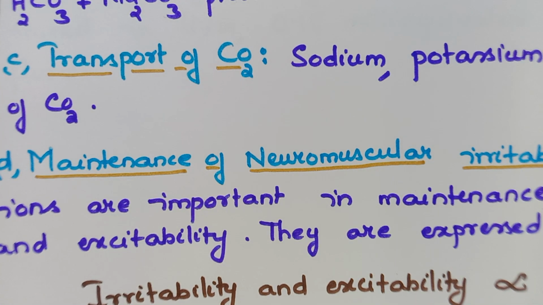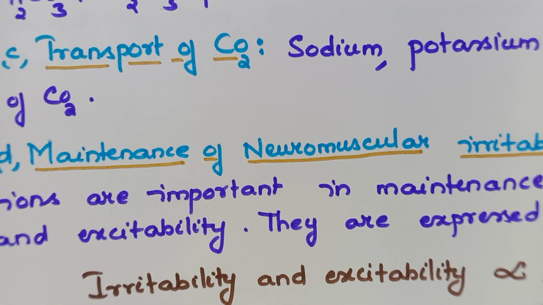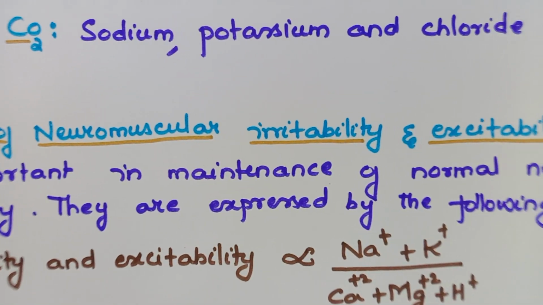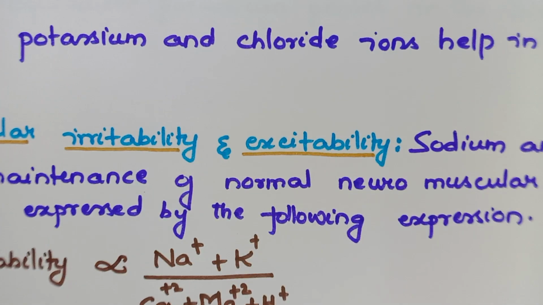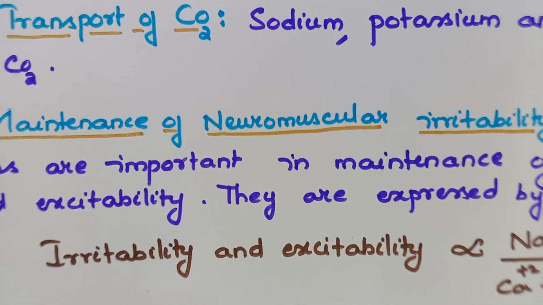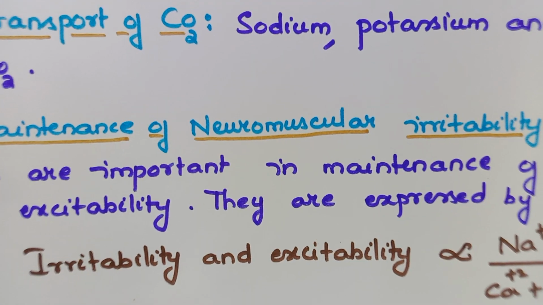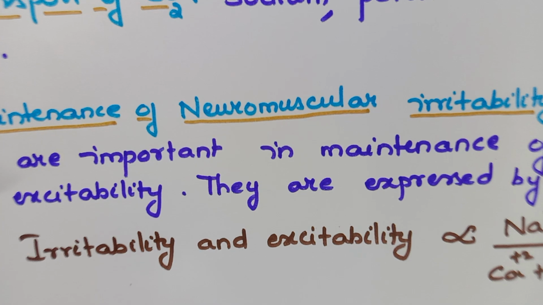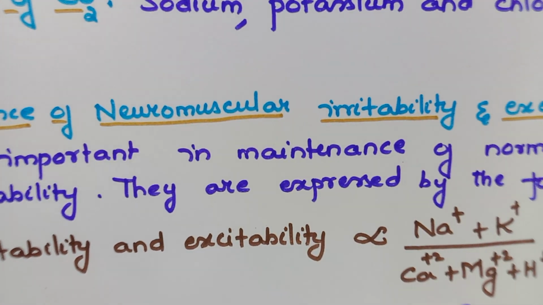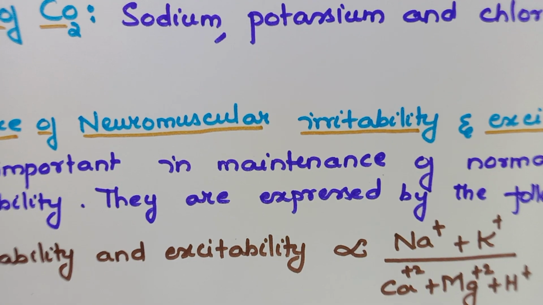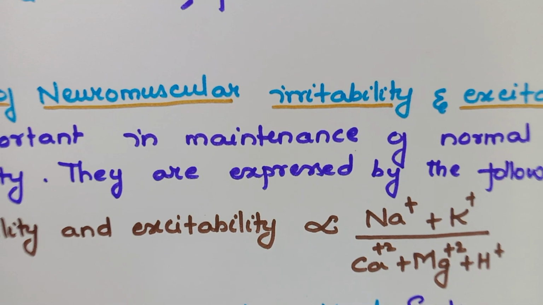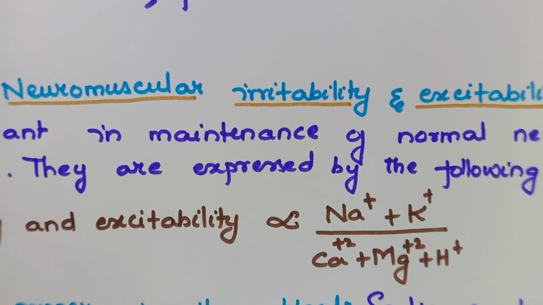So this can be expressed in the form of an expression, students. They are expressed by the following expression. Below, write down: irritability and excitability is proportional to Na+ plus K+ divided by Ca2+ plus Mg2+ plus H+.